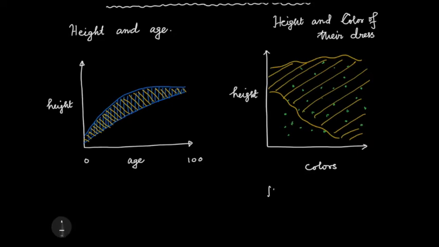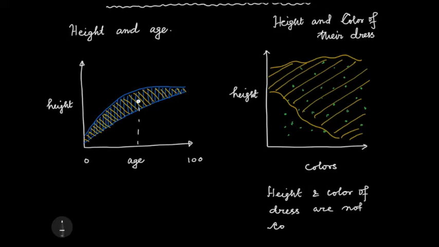So I understand here that height and color of dress are not correlated. So if it is correlated, then after this plot, if I tell you any point here, the age, you can tell me what is the range of height that age people will be.